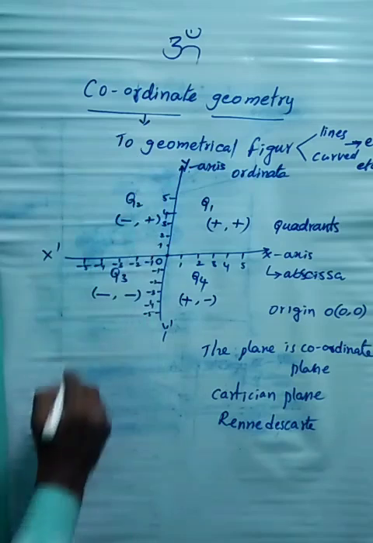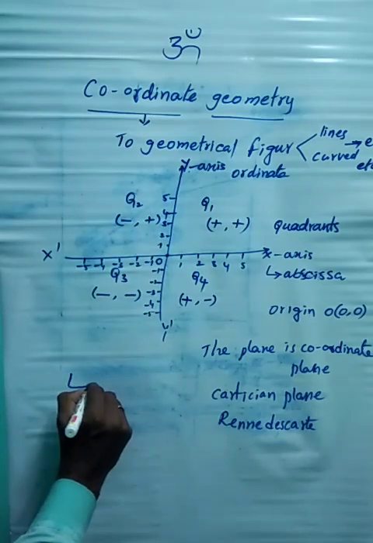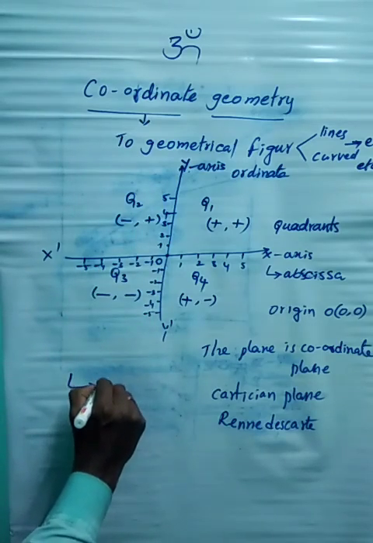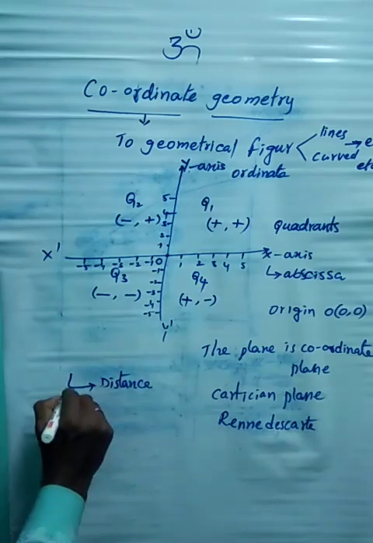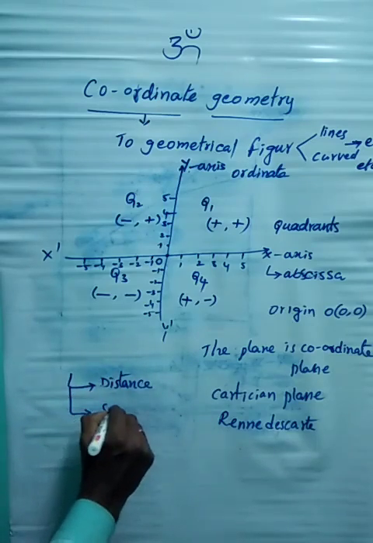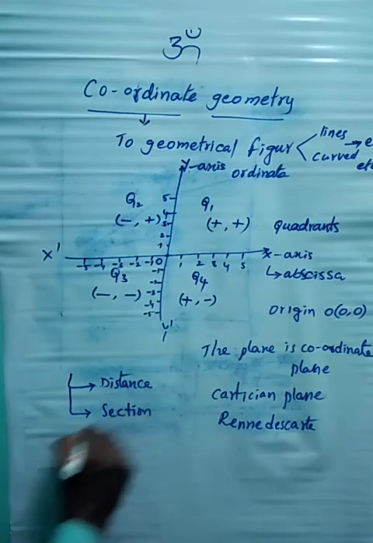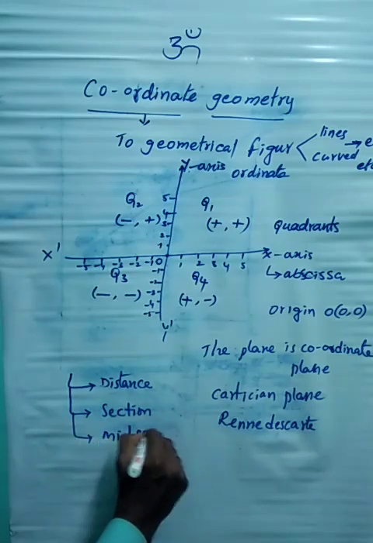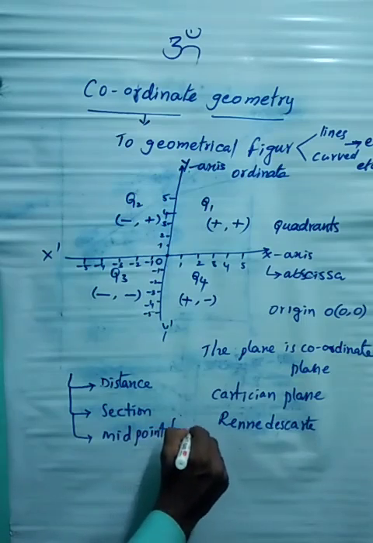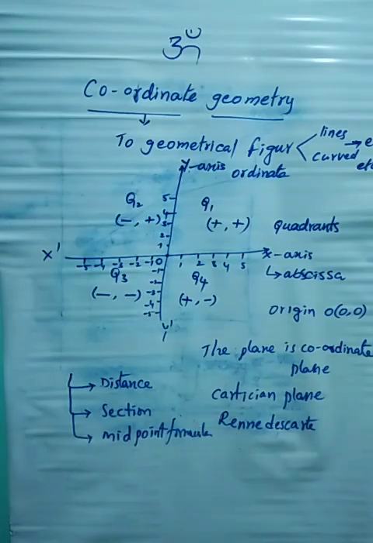So in this coordinate geometry, we learn the distance formula, section formula, and midpoint formula. So how to derive the distance formula, how to derive the section formula, and the midpoint formula.